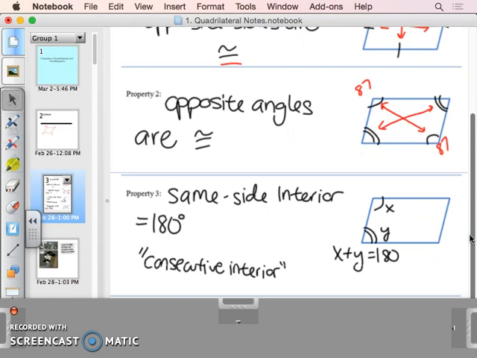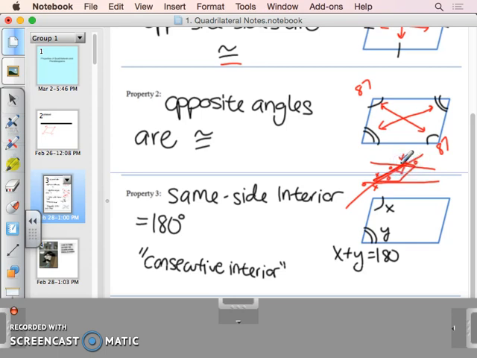if you have two angles on the same side, we call them consecutive or same side interior angles. Now let's think back a minute to when we learned about parallel lines cut by a transversal line. And we did that XO, XO, XO, XO. Well, these angles right here are what we call same side interior angles.